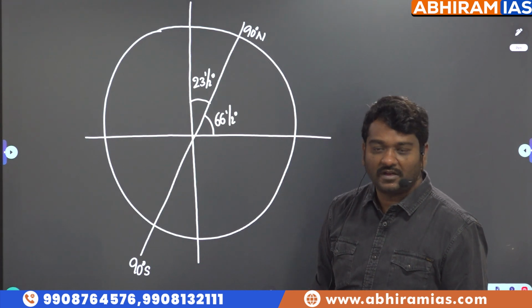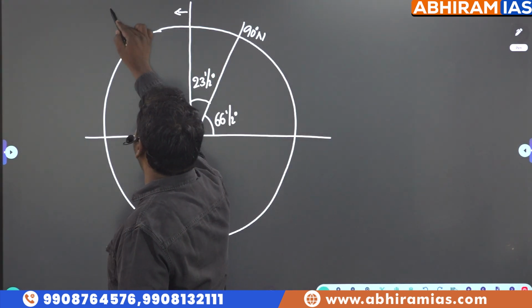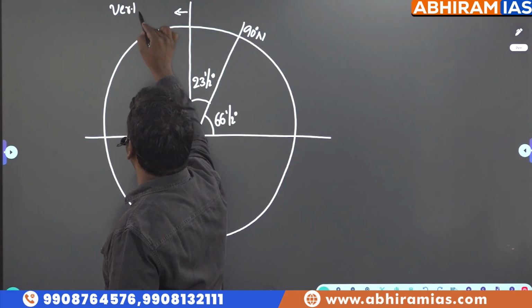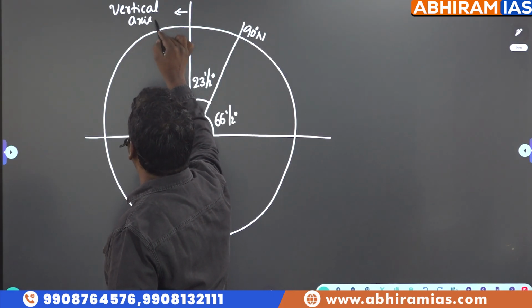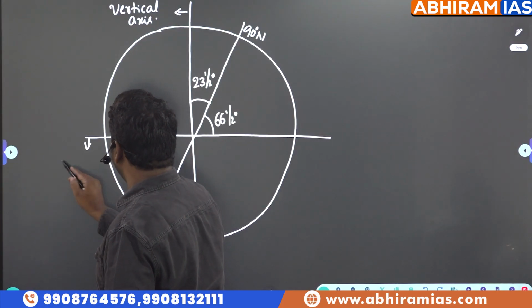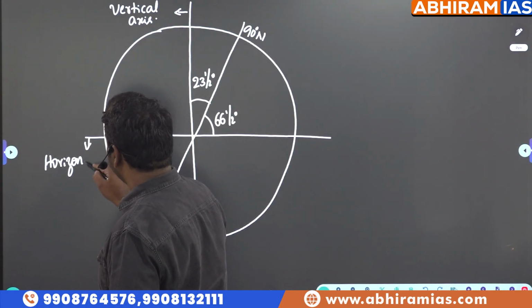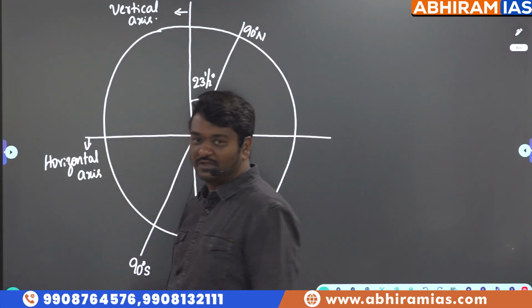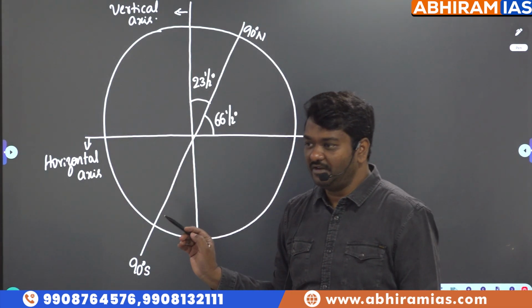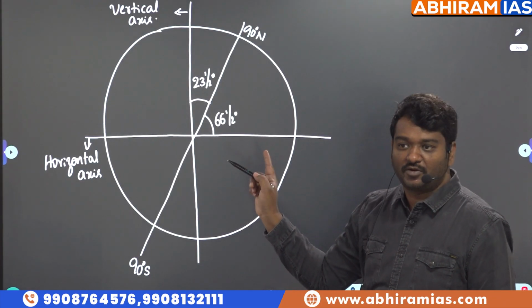So what is this particular aspect? Earth is tilted at 23.5 degree to the vertical axis, and it is tilted at 66.5 to the horizontal axis.